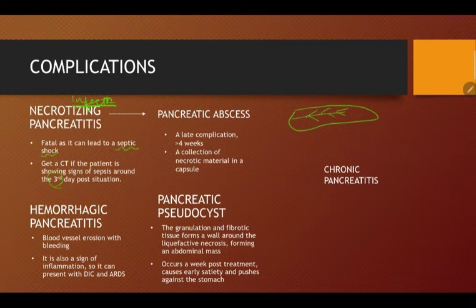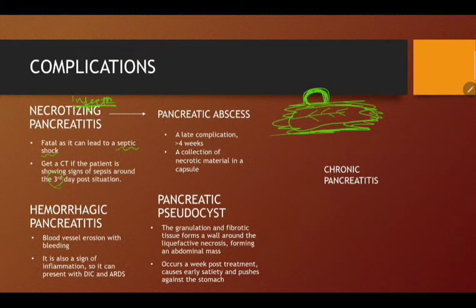The second thing is this liquefactive necrosis. If this pancreatitis complication keeps going on, eventually, let's say this is the necrosis, there are two things that can happen. If it's necrotizing and there's still liquefactive necrosis, there'll start to be an outpouching or fibrous tissue, where there's a thick fibrous tissue around it.